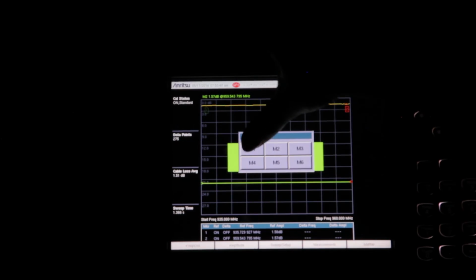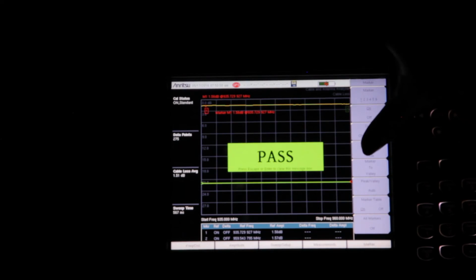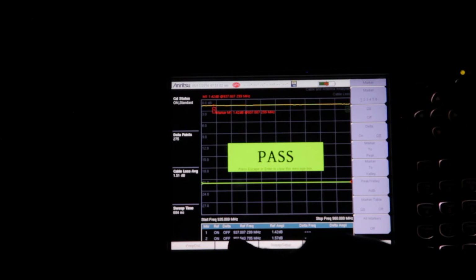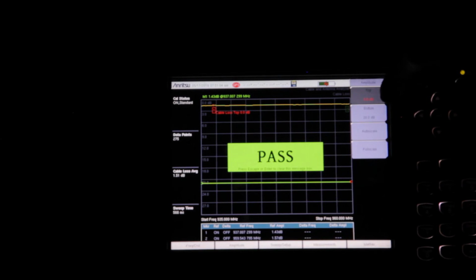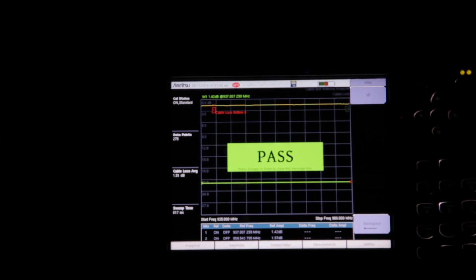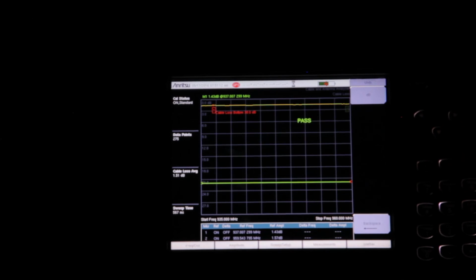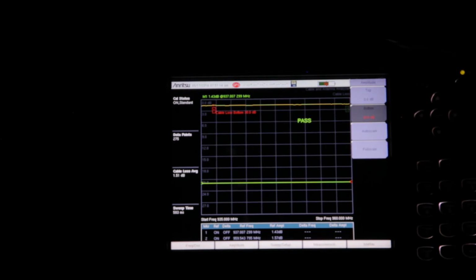When you take the value of the highest, you add the lowest, and you divide by 2. You get the insertion loss by calculation. Then you compare it with the average cable loss we have.